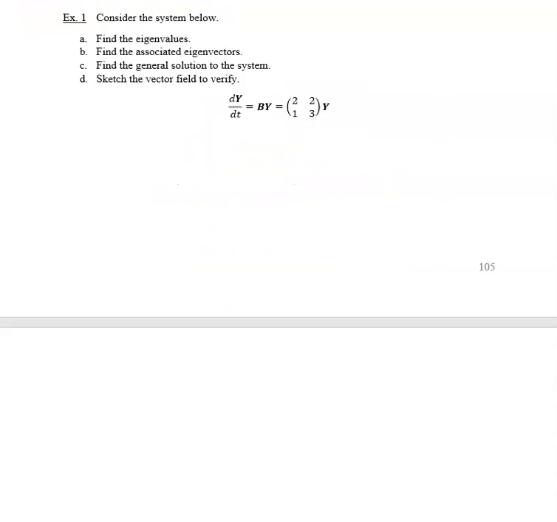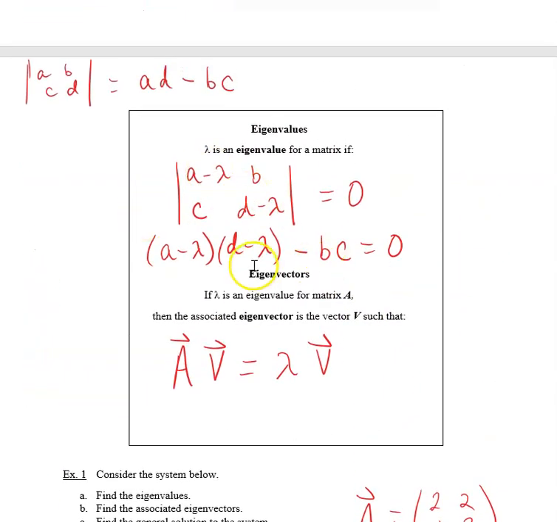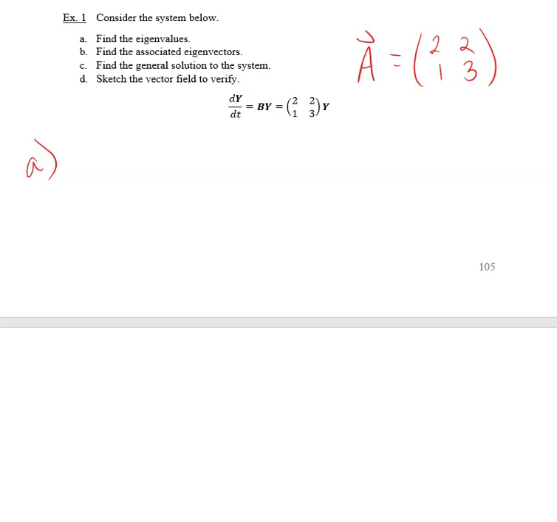Okay, so first, here's our system of differential equations. They've written it in matrix form, and they want us to find the eigenvalues first. All right, so let's note a couple of things. Our coefficient matrix A is 2, 2, 1, 3. So to get the eigenvalues, I'm going to use this definition that I have up here, and I'm going to take the determinant of the matrix 2 minus lambda, 2, 1, and 3 minus lambda.